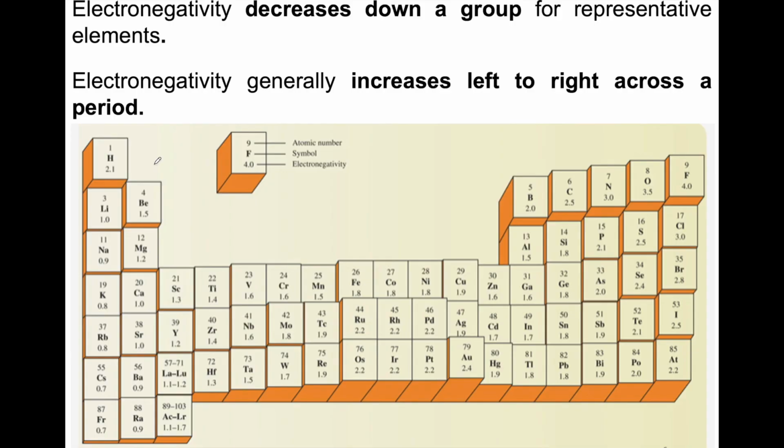As you go down the group, we have increasing size of elements, while from left to right we have a decreasing trend of size of elements. Alright, so that's all for electronegativity.